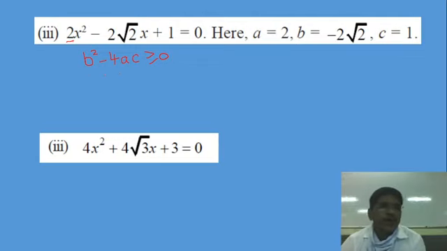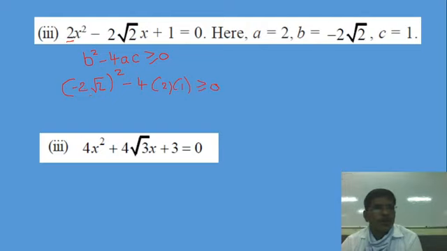Now b square minus 4ac greater than or equal to 0. So I have to put the value of b, minus 2 root 2 whole square, minus 4a, that is 2, c, that is 1.